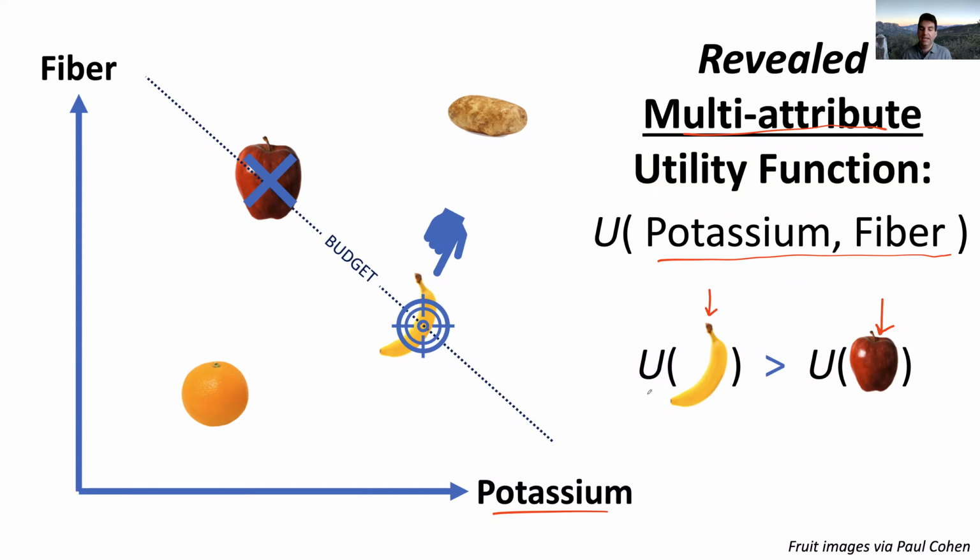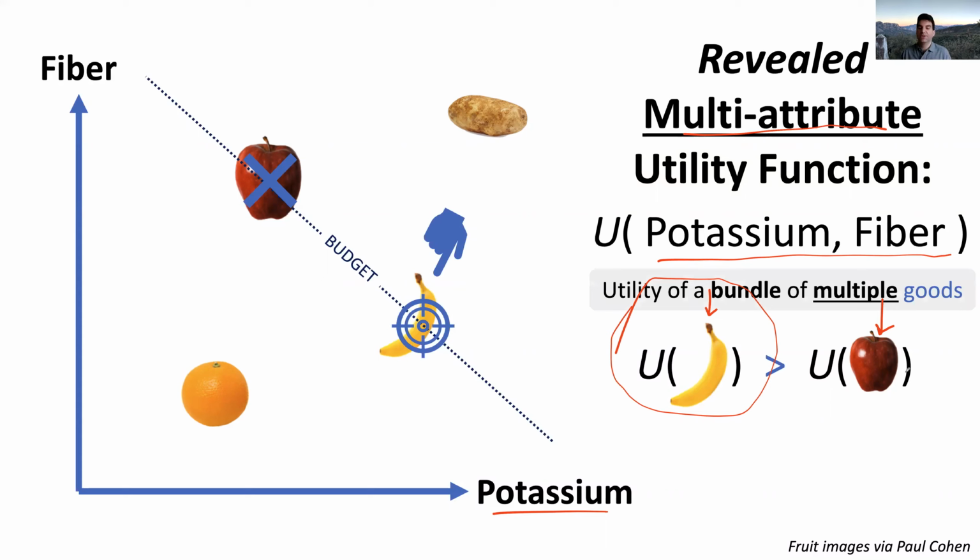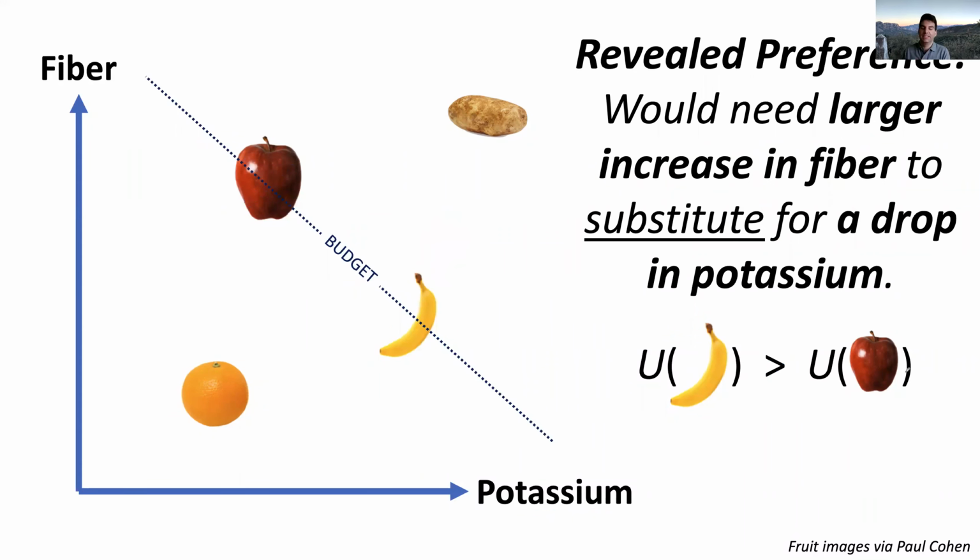And so by seeing that they always choose the banana over the apple, that gives me a hint that this particular person values potassium more than fiber.